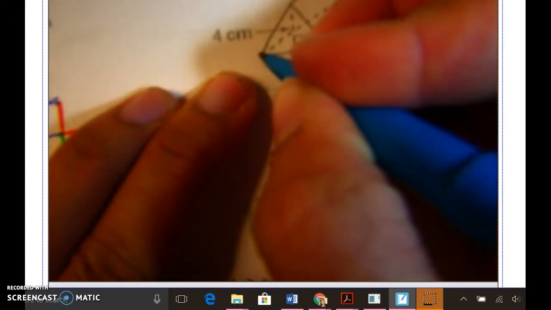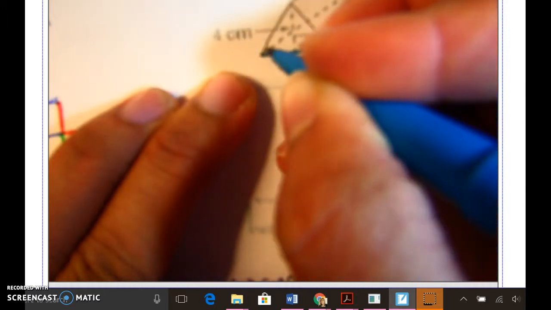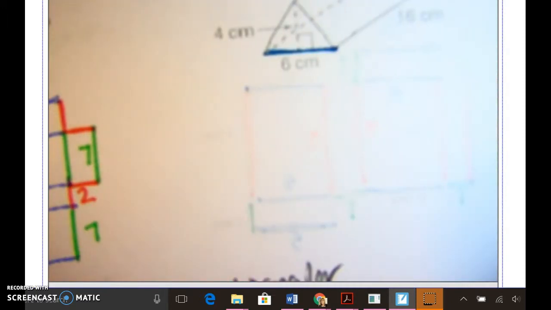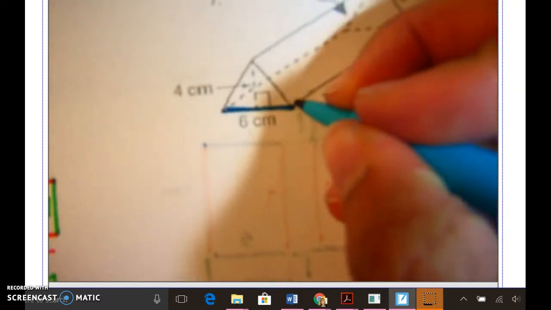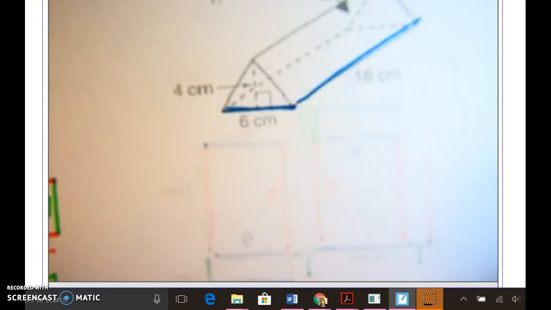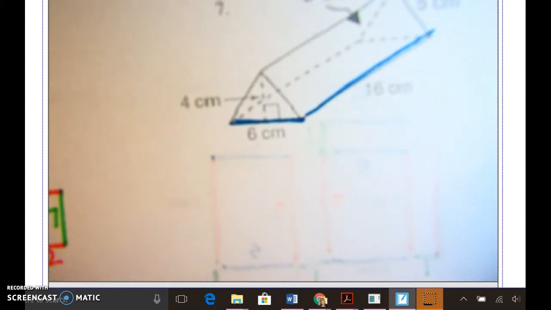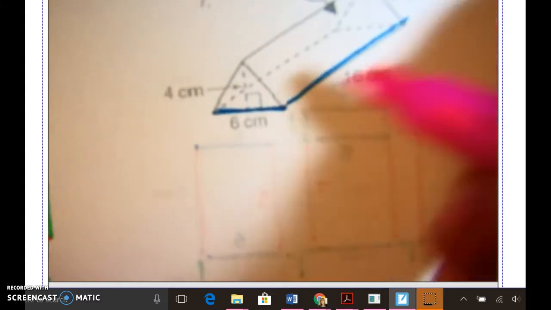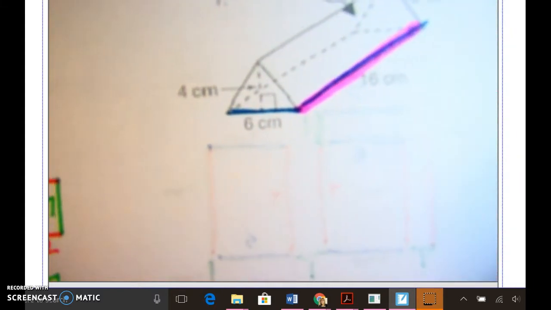I'm going to start with 16 and 6. And those are both blue. That might not be a good idea. Let me use pink. 16 and 6. I'm going to draw that.